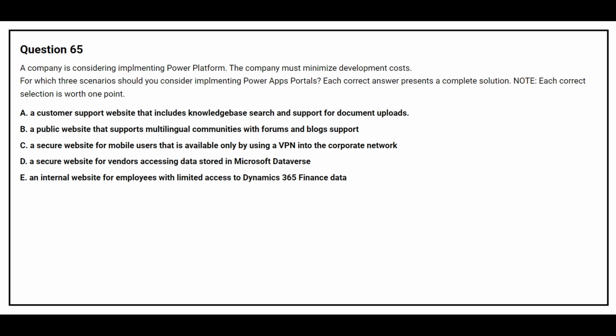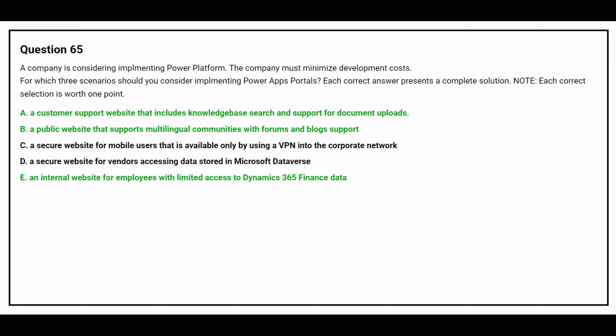Option C, a secure website for mobile users that is available only by using a VPN into the corporate network. Option D, a secure website for vendors accessing data stored in Microsoft Dataverse. Option E, an internal website for employees with limited access to Dynamics 365 finance data.